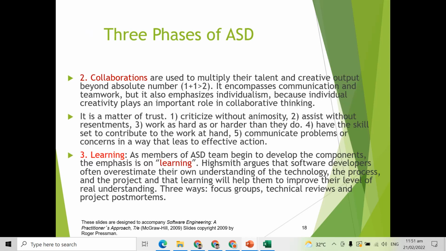For the second, collaboration is used to multiply their talent and creative output beyond the absolute number. We have 1 plus 1 is greater than 2. It encompasses communication and teamwork, but it also emphasizes individualism because individual creativity plays an important role in collaborative thinking.